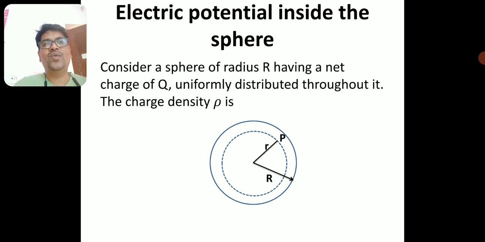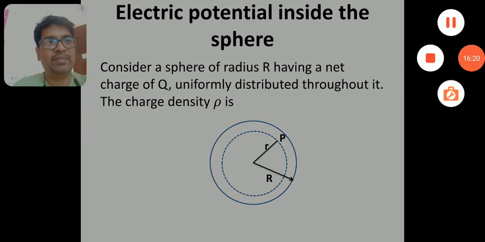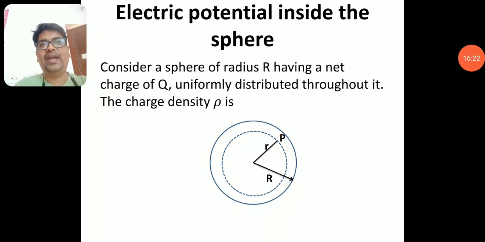Now this is the second case which I am discussing. Now I am looking for the potential inside a charged sphere. Again I have a charged sphere of radius capital R, and this charged sphere will have a net charge Q, and these charges are uniformly distributed throughout it.